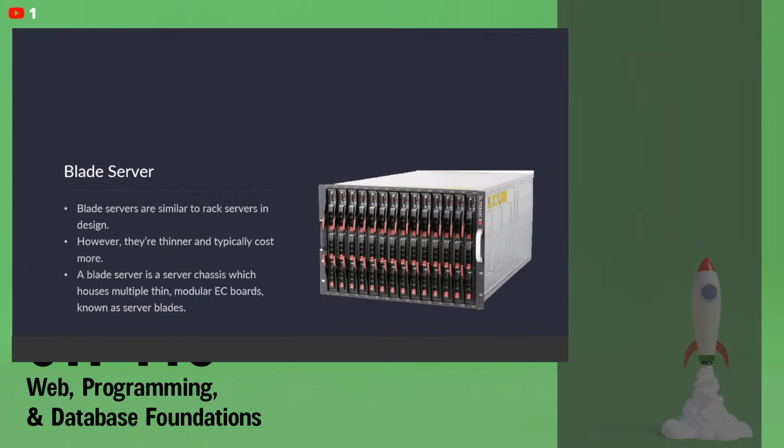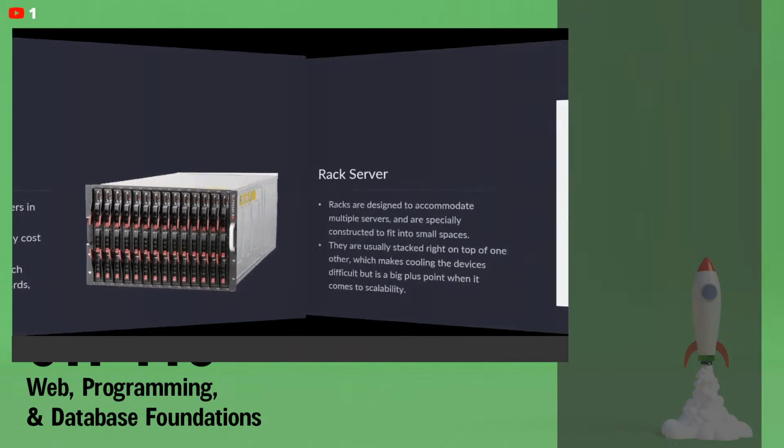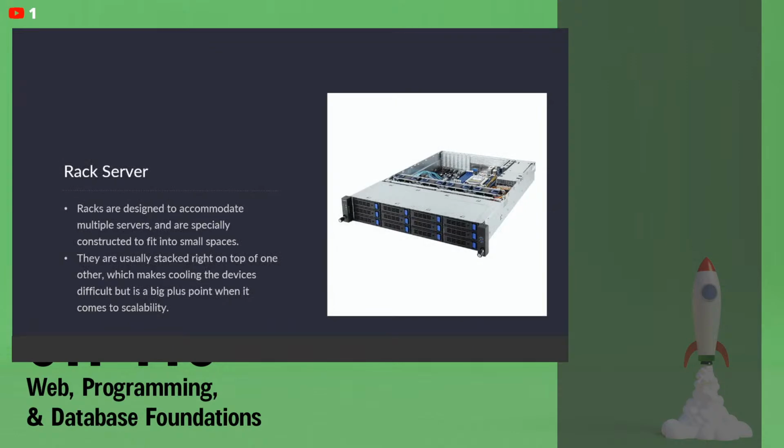We can also look at blade servers here. Blade servers are very similar to rack servers in design. However, they are much thinner, and since they are thinner, they cost a lot more. What makes our blade server different is that when we look at our rack server here, this is one server, with a bunch of bays for hard drives in it.